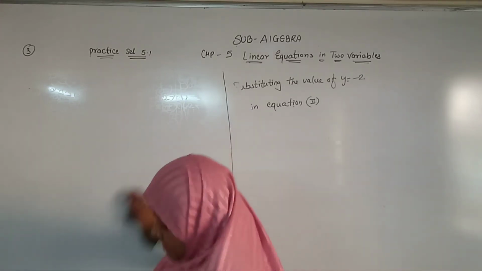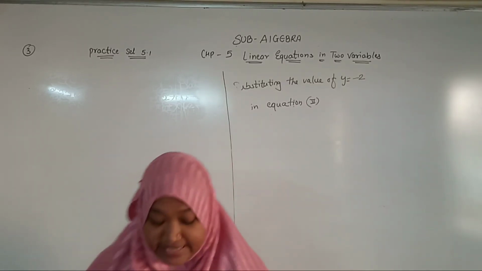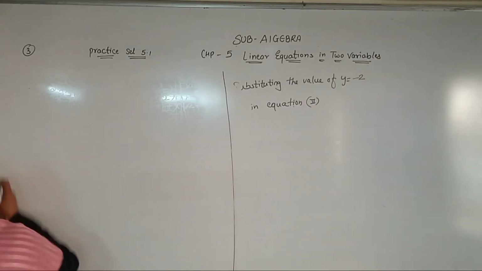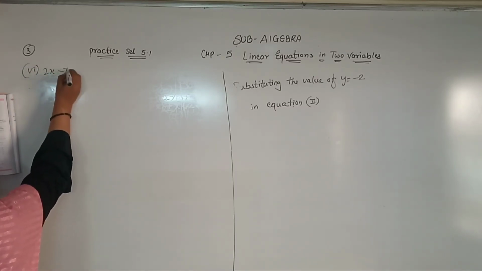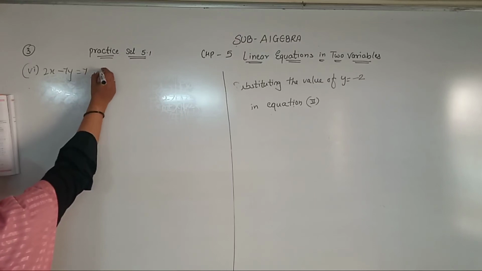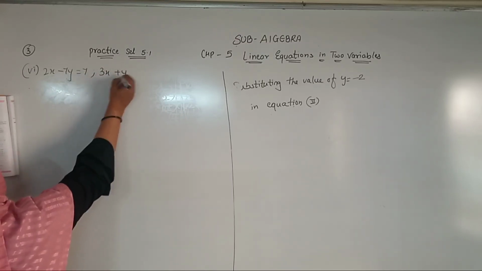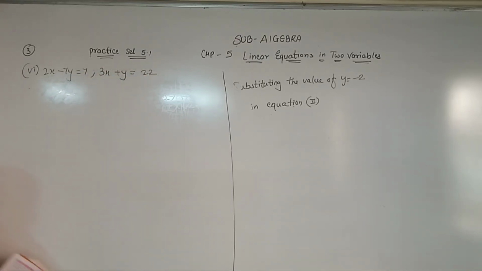Let's see now question number 6, the last question of the exercise: 2x minus 7y is equal to 7, 3x plus y is equal to 22.